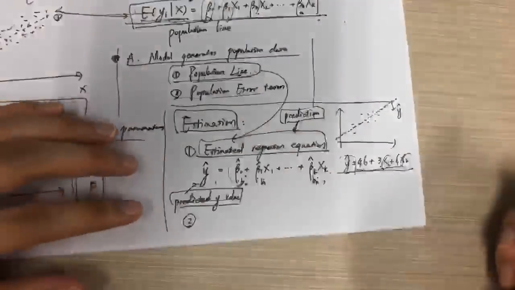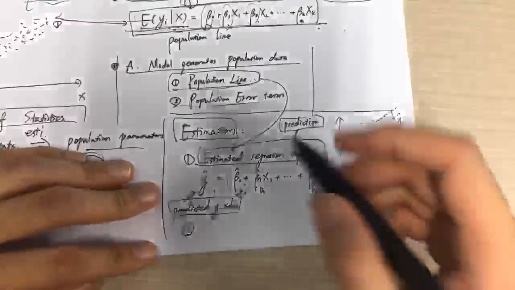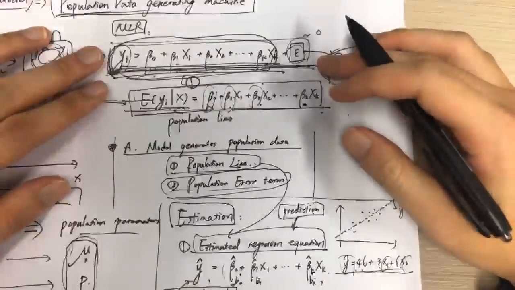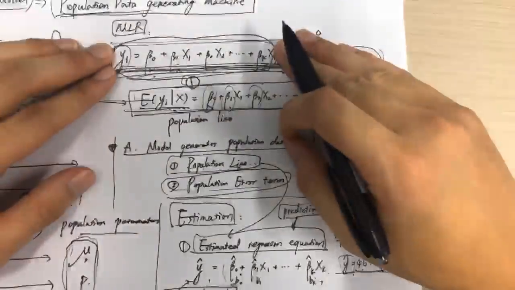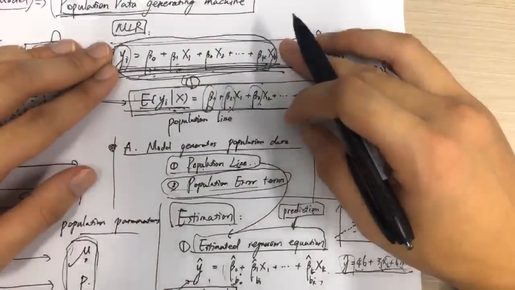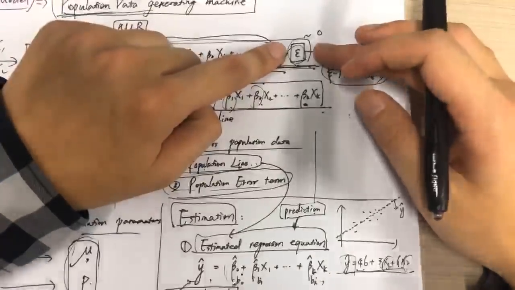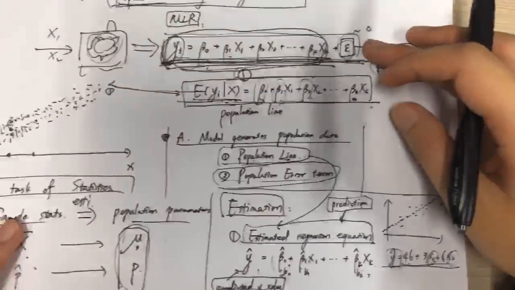Secondly, as I said, there are two things we need to estimate in this linear regression model. One is the straight line part, but another equally important thing is the error term, the population error term.